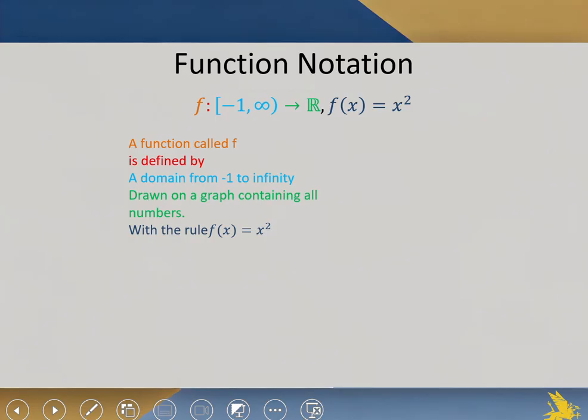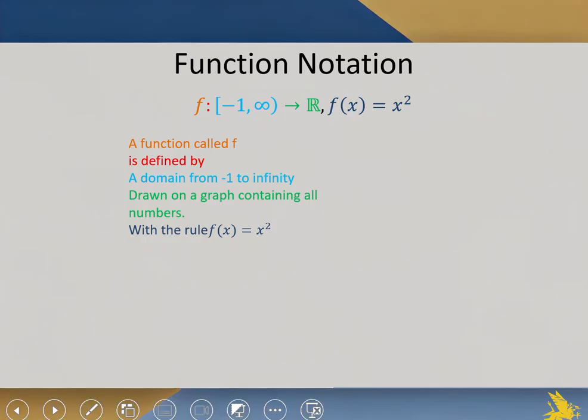So with function notation, I like to break it down like this. A function is called f, is defined, which is the colon, my domain, which is -1 to infinity. How I draw it on the graph, it contains all real numbers, so which means it's going to be a line. Then I've got my rule function.